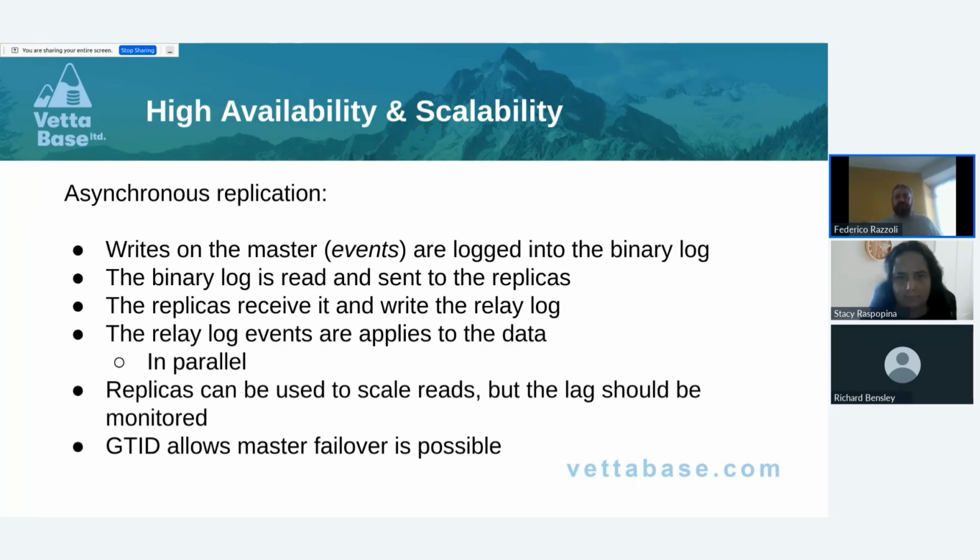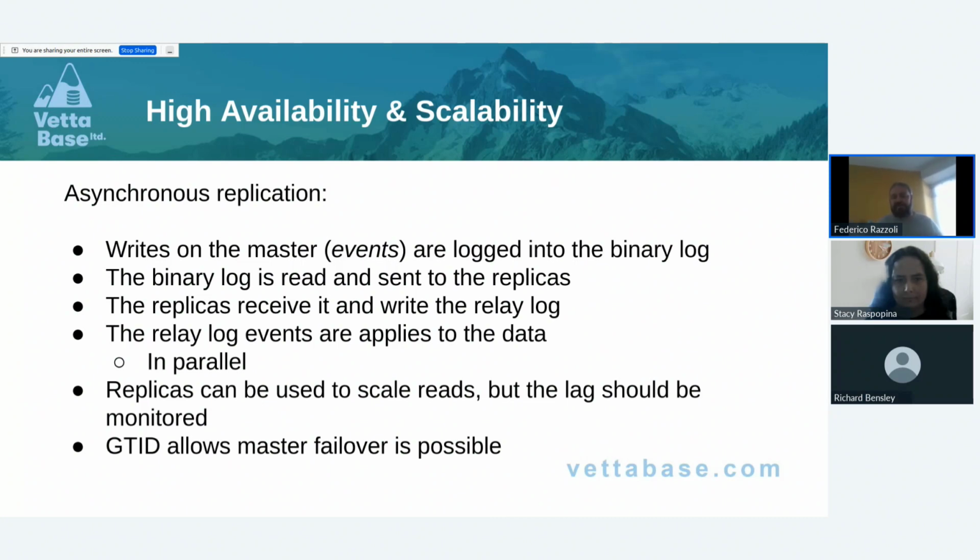So when you make a write on the data on the master, basically an event is logged into the binary log of the master. The binary log is read constantly and sent to the replicas. The replicas receive it and write it locally into something that is called the relay log.